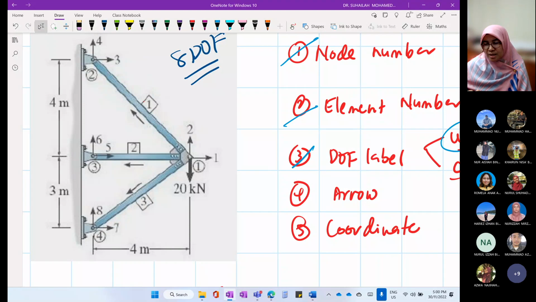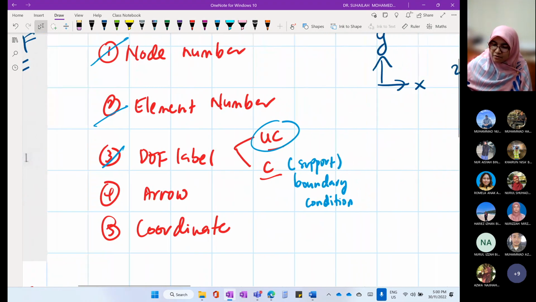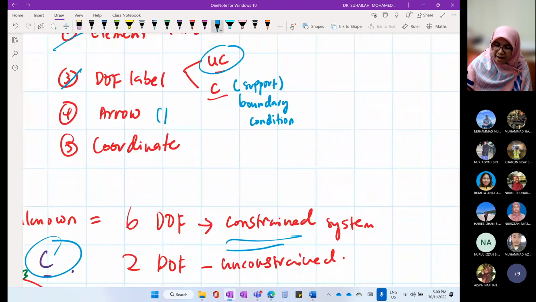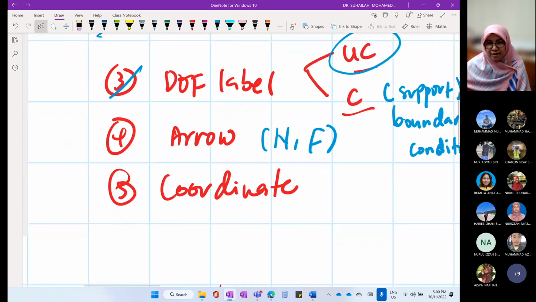Because from the arrow we can identify which is the near end and which is the far end. We will also label the degrees of freedom in the matrix using the arrow.